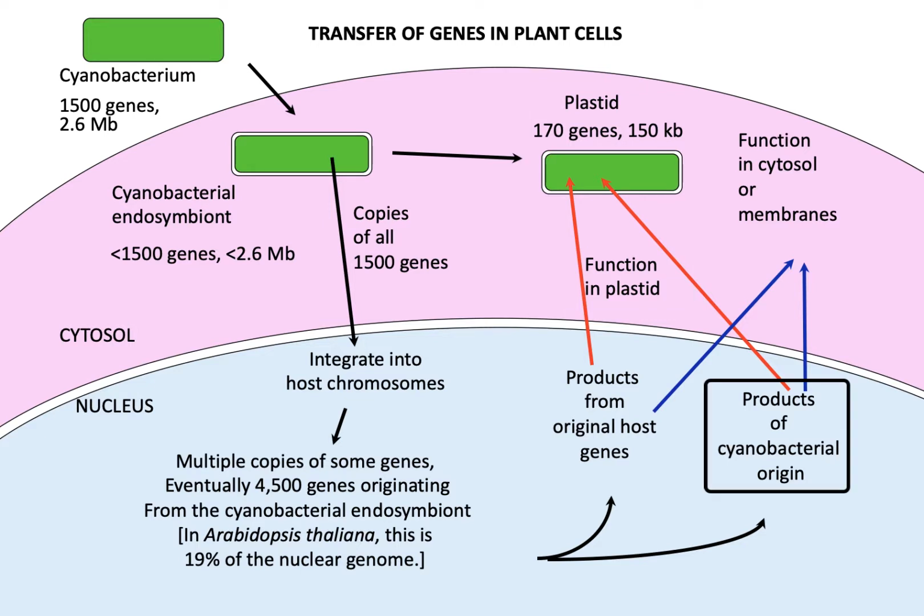And conversely, some of the products that are of cyanobacterial origin, the RNAs were moved out into the cytosol, were translated on cytosolic ribosomes and wound up functioning out in the cytosol. So now you have a combination of the genomes, but now you have combinations of where those proteins wind up, and this leads to chimeric pathways.